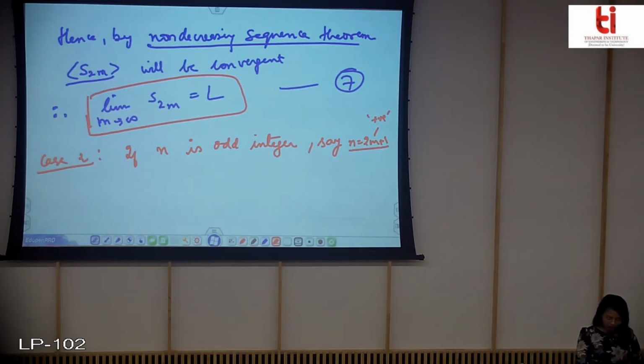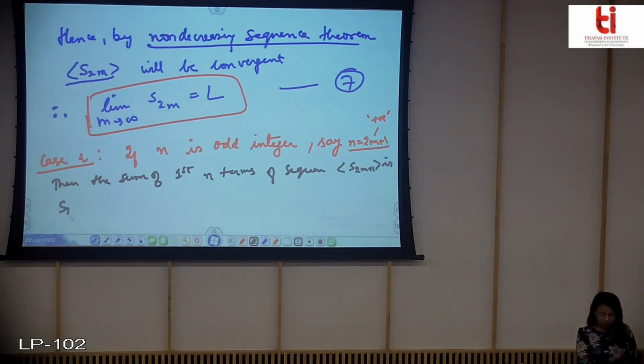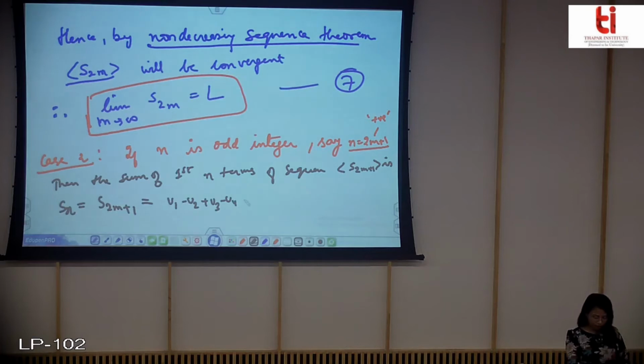So now you can write S2m plus 1, the sum of the first n terms of the sequence, which will be equal to u1 minus u2 plus u3 minus u4 and so on up to u2m minus 1 minus u2m, plus there will also be another term u2m plus 1.